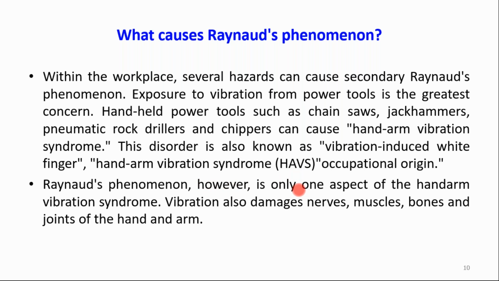Raynaud's phenomena, however, is only one aspect of hand-arm vibration syndrome. Vibration also damages nerves, muscles, bones and the joints of the hand and arm. If you continuously work with vibrating machinery or power tools, it may cause permanent damage to your nerves, muscles, bones or joints of the hand and arm.